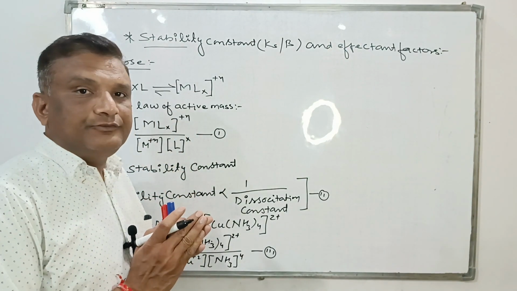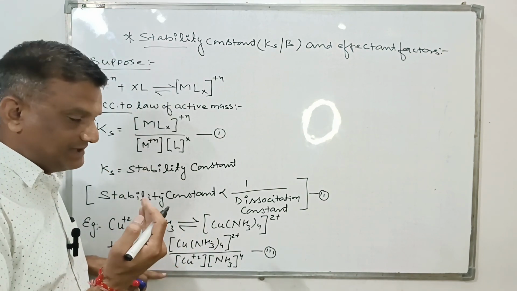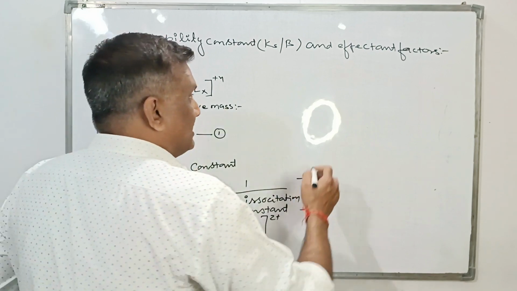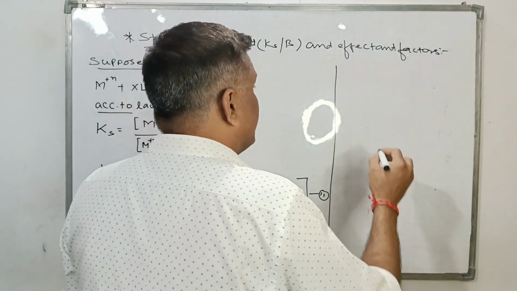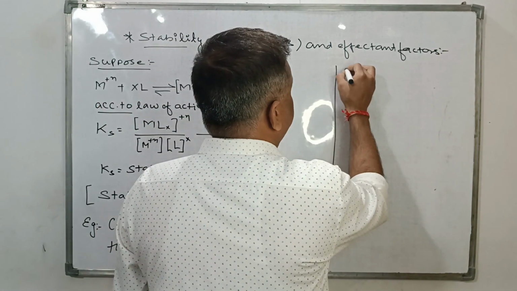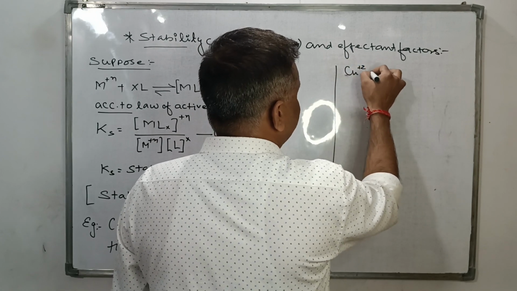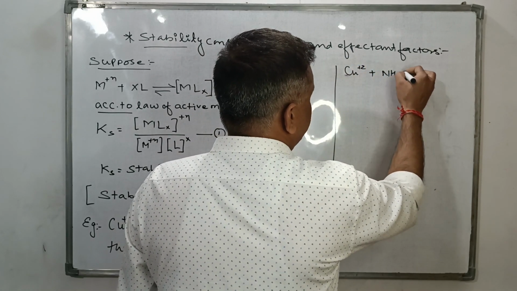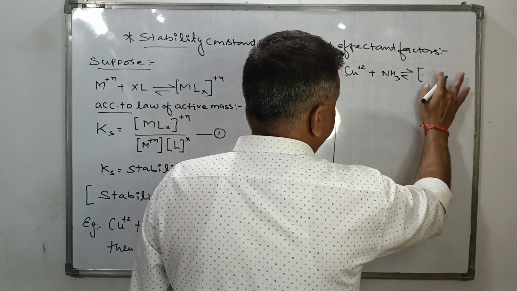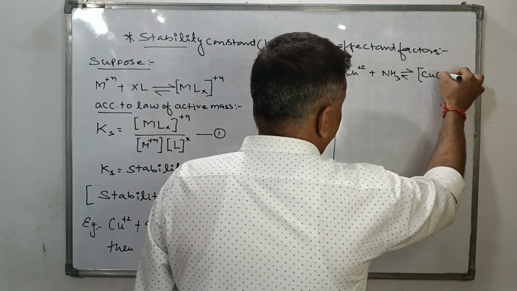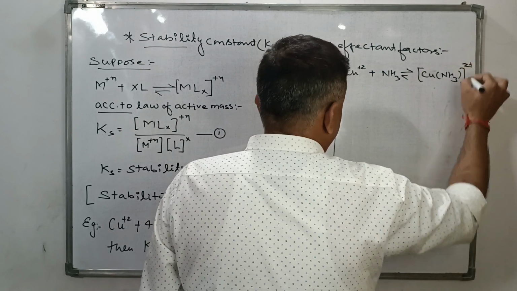If anybody asks you whether this complex compound can form in different steps, then yes. As steps it will form as follows. First of all, the metal atom Cu plus 2 reacts with one NH3 to give Cu(NH3) 2 plus.